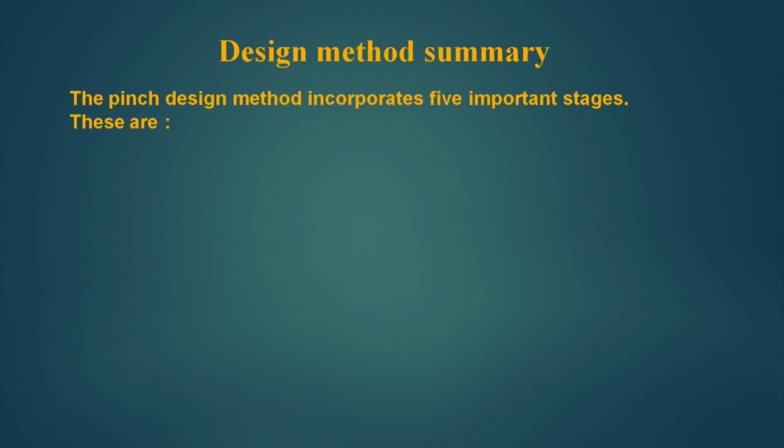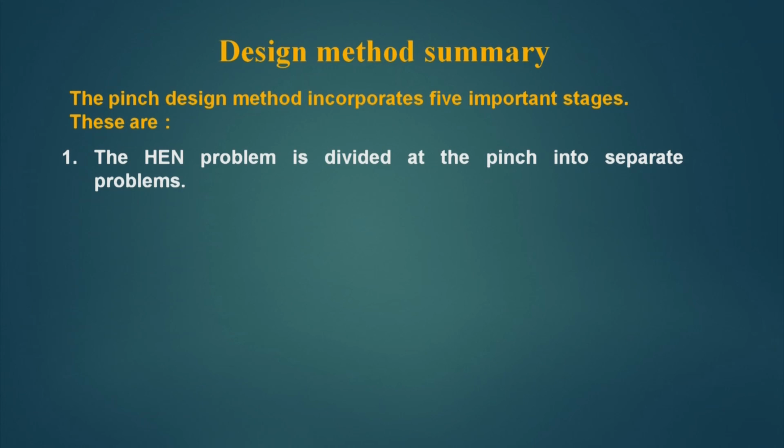Now, let us have the summary of the design methodology. The pinch design method incorporates 5 important stages. These are: the HEN problem is divided at the pinch into separate problems. The total HEN problem is divided at the pinch into an upper half region and a lower half, upper half is hot end, lower half is cold end.